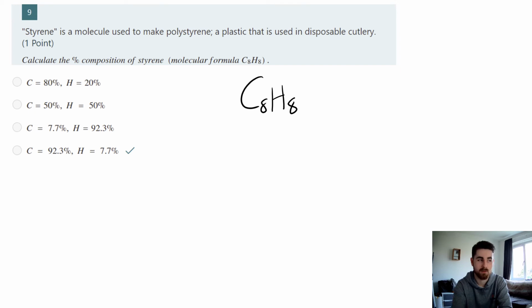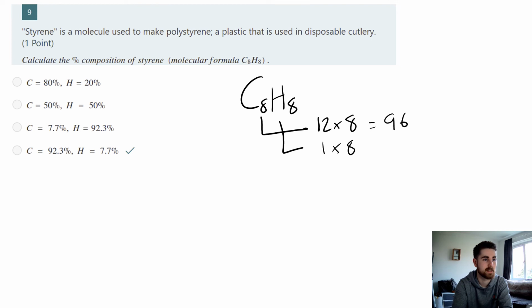So we need to take that into account, and the way we do that is first we work out the GFM. So we'll do 12 times 8 and then 1 times 8. That's 96. That's 8. If we add those numbers together, we get a GFM of 104 grams.